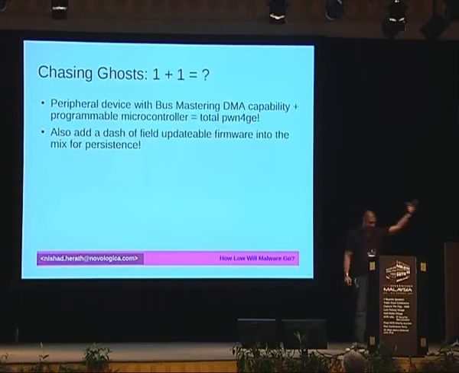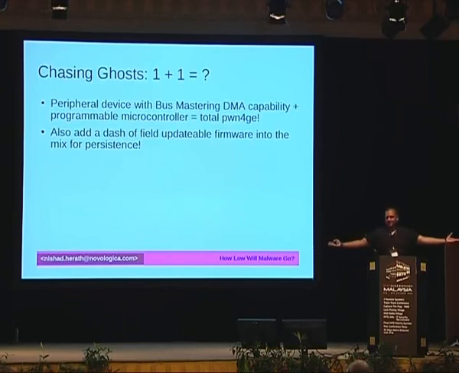Well, you have the ability for this device to initiate DMA transfers to and from main memory. Then you have a general purpose programmable microcontroller on it. So if you can inject code and get it to initiate DMA transfers, you get the ability to basically read or write anywhere in system memory, in the RAM.